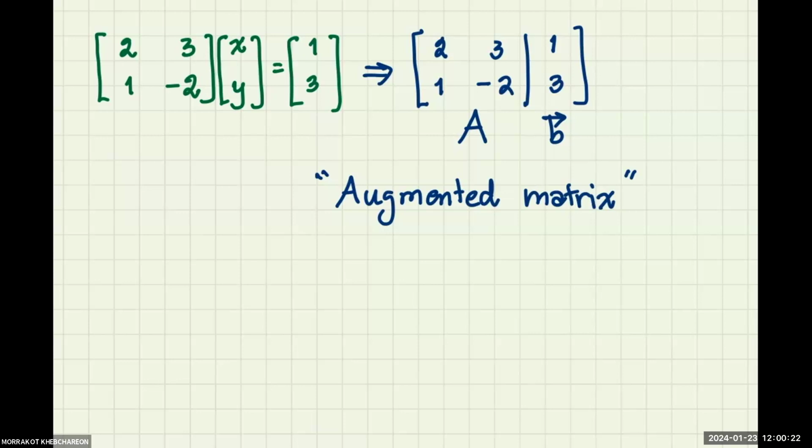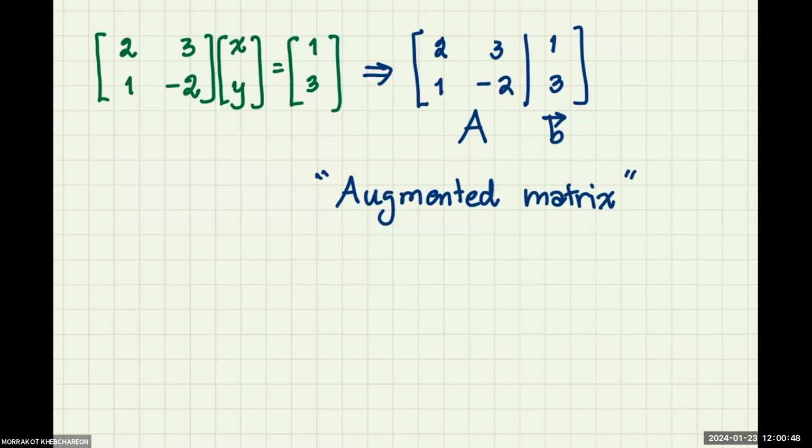We are just lazy to write down x and y, so we only write down the information that we want, and we omit the unknowns x and y, okay? Because now it's only x and y, but we know that our goal is to solve any equations with unknowns, maybe hundreds of unknowns, okay?